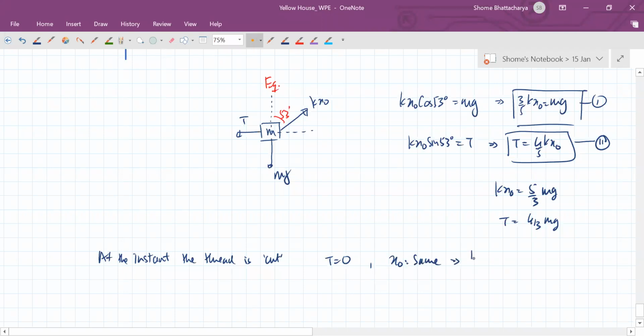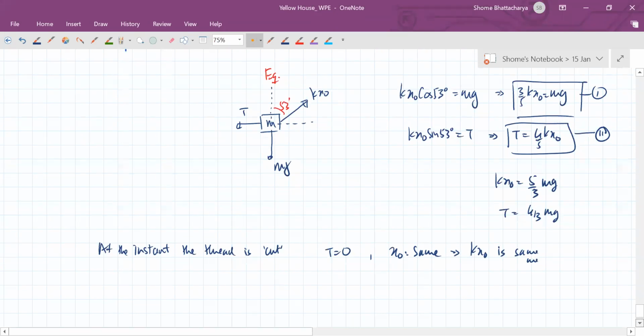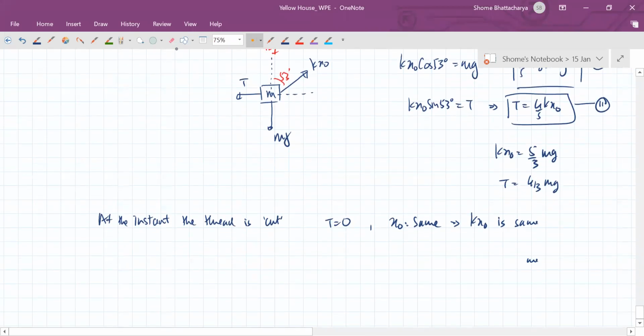So that means the force kx naught is the same. So at that instant, just at the moment when you cut the thread, these are the forces acting.